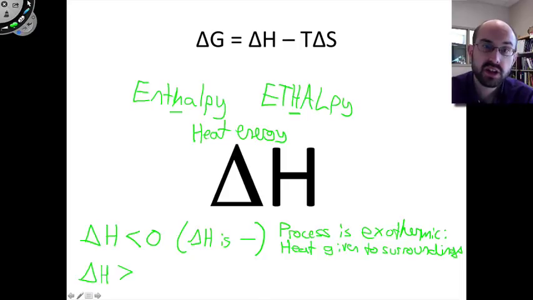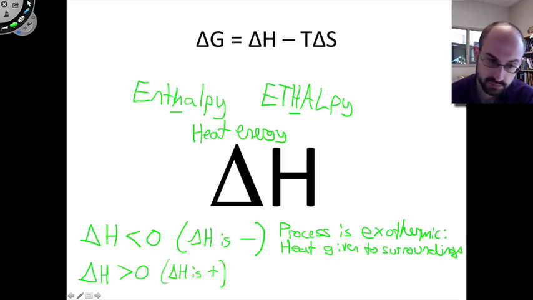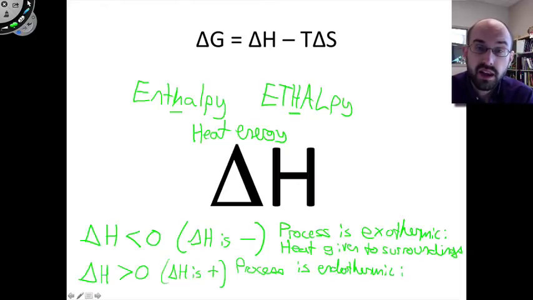Conversely, if delta H is greater than 0, so delta H is positive, in that case, we say that the process is endothermic.